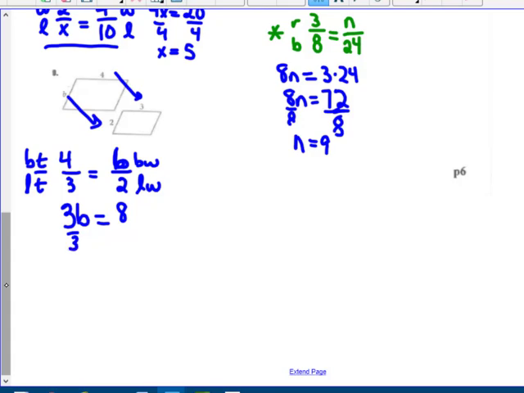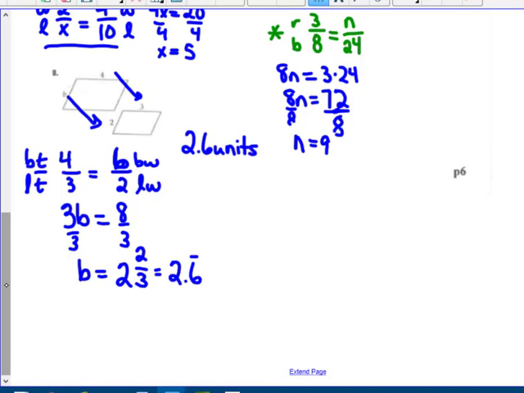And then when I divide by 3, I'm going to get B equals 2 and 2/3, or if you put it into the calculator, you're going to get 2.6 repeating. You have to put the word units, 2.6 repeating units. Some kids like to just abbreviate that with a little u.